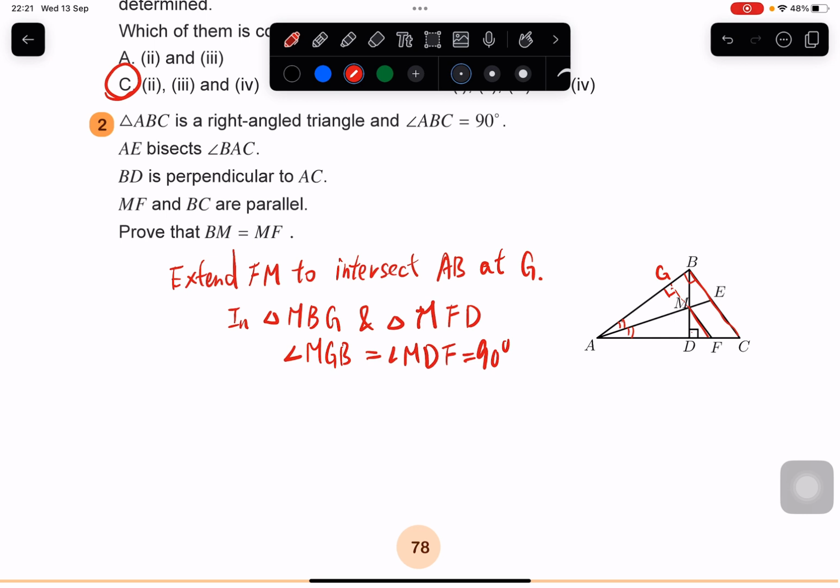And then we have angle GMB equals angle DMF, because they are vertically opposite angles. Now we have two angles being the same. I just need another corresponding side to be equal. And we can have MG equals MD. Why is that?